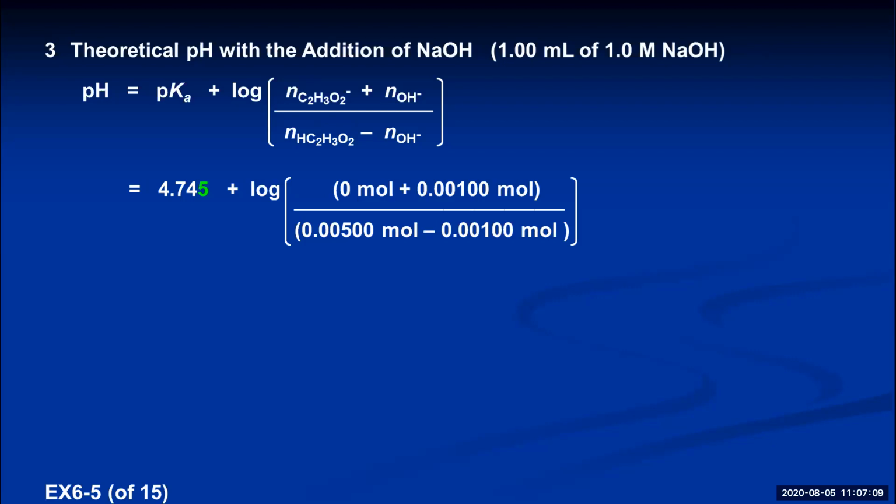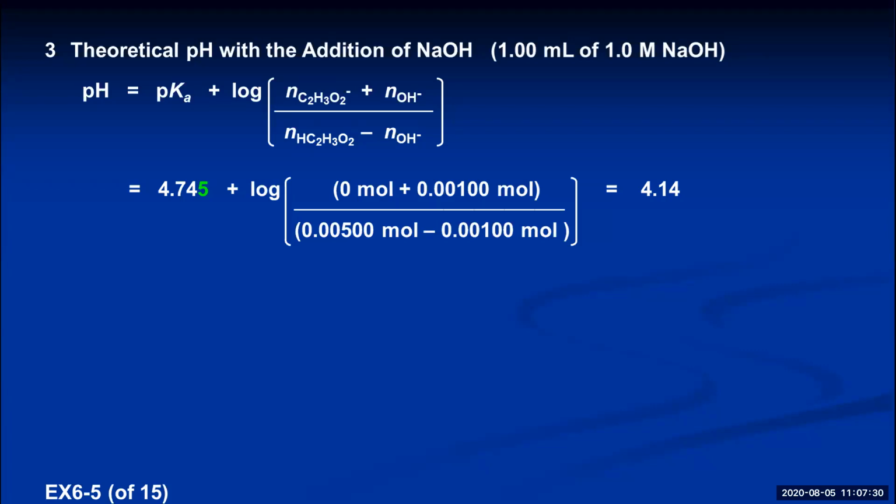We can now calculate the second log term in there, add it to 4.745, and we're going to get the theoretical pH of the solution with the addition of that 1 milliliter of the 1.0 molar sodium hydroxide. I calculate 4.14.